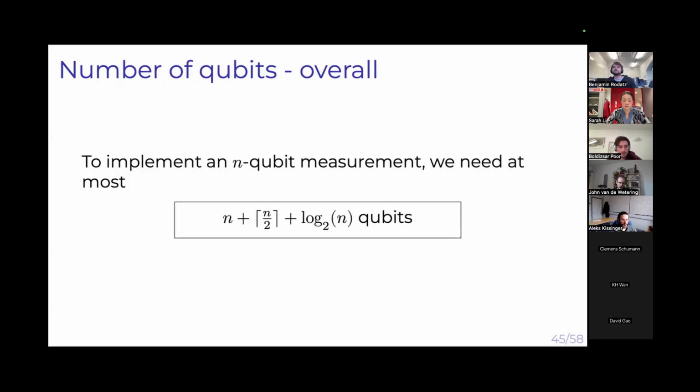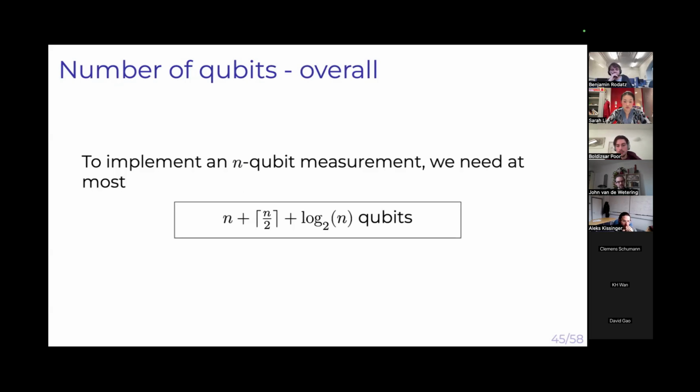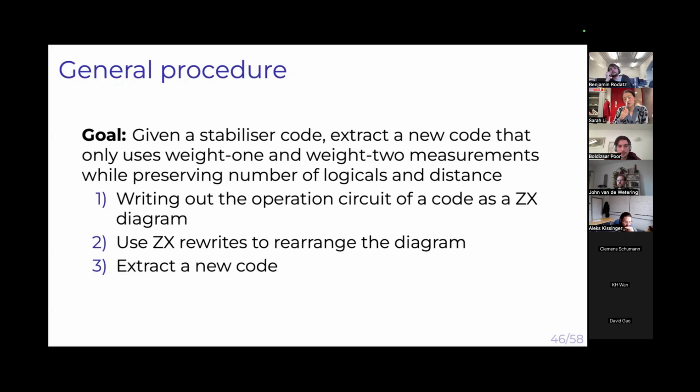And then what we will do now is just very quickly use these individually on a larger code to extract a larger circuit from some kind of Floquet code, some kind of stabilizer code. So first of all, we write the operation circuit as a ZX diagram.